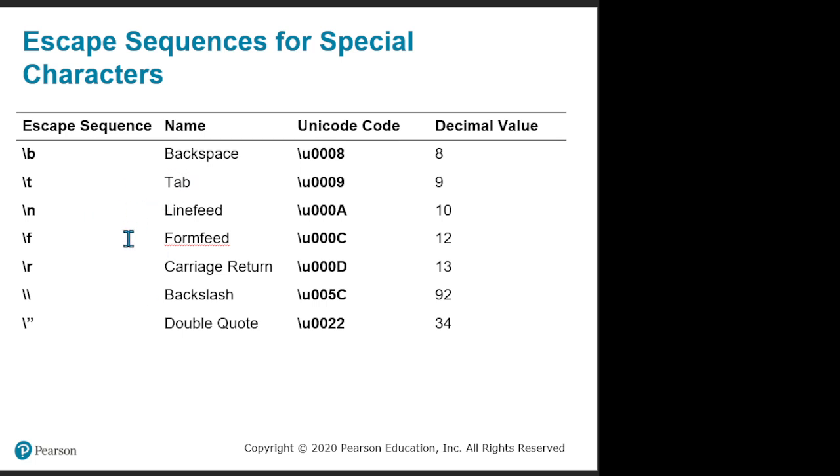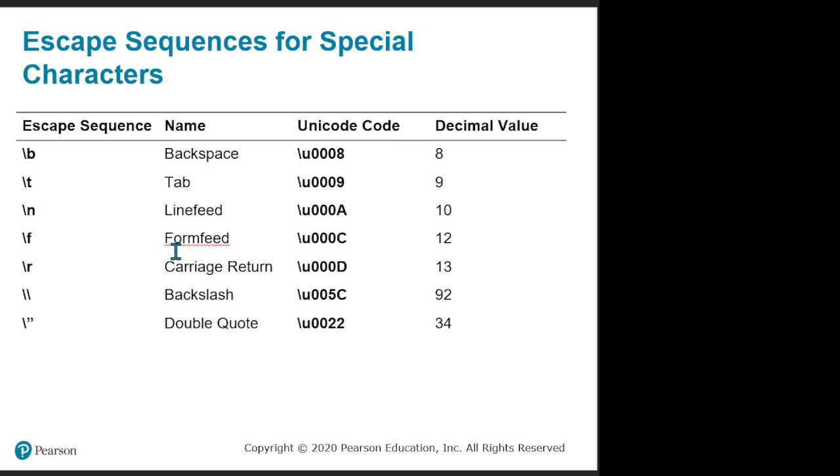Now, line feed, form feed, and carriage return come from the original printers, and actually the typewriter. If you were typing on a typewriter and you got to the end of the line, you would have to push the carriage, which was what held the paper, all the way back to the beginning of the line and advance a new line. So these were two separate things.